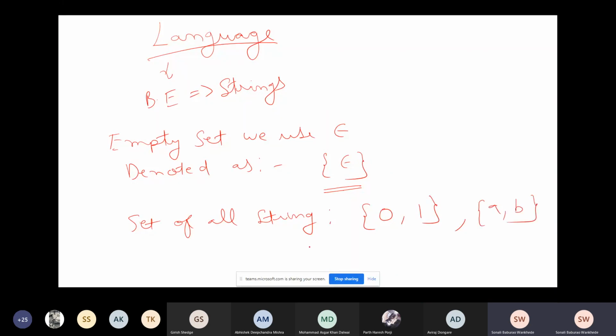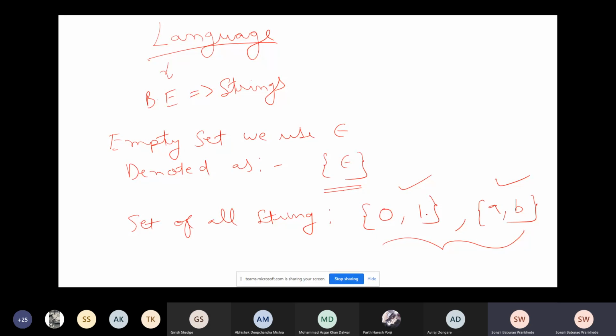This is the way you represent a particular set of strings. The set of all strings will consist of either 0, 1, or it may consist of A, B. Now the question is, why only A, B? If you have zeros and ones, it's constant, because the value can be either 0 or 1.